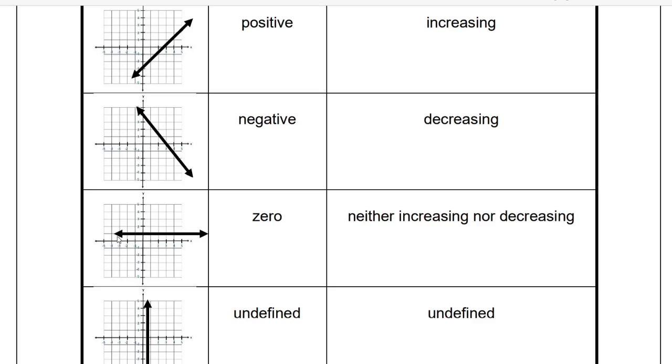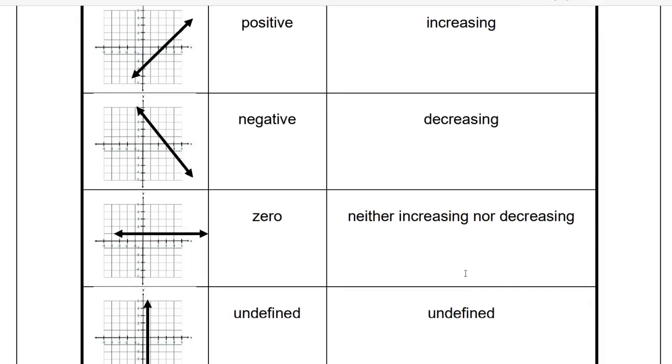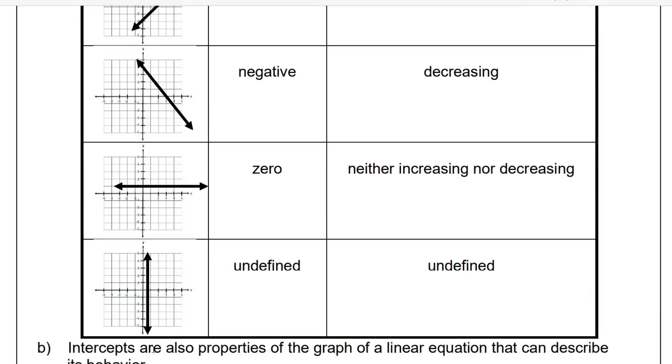But if the line is a horizontal line, therefore your slope is 0 and the trend is neither increasing nor decreasing. And if it is vertical, therefore the slope is undefined, and you cannot say the trend either.